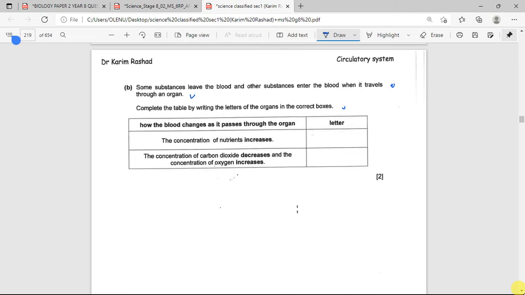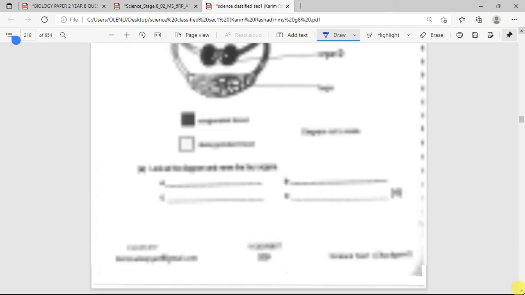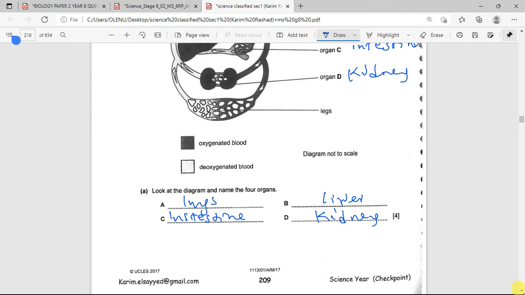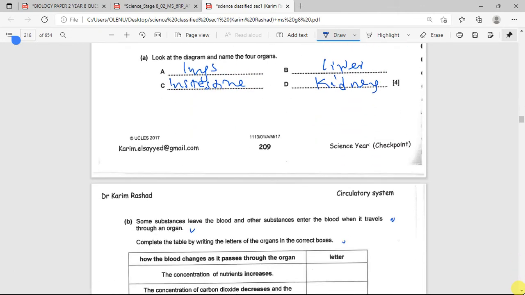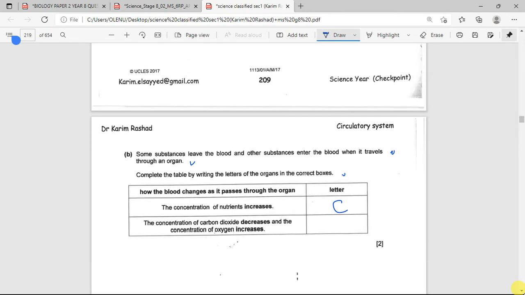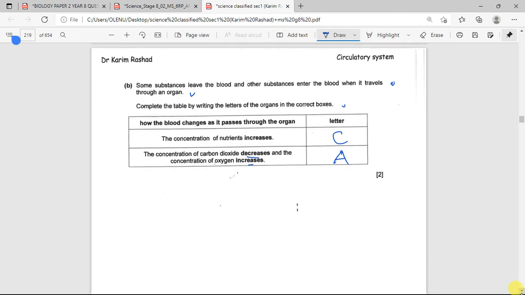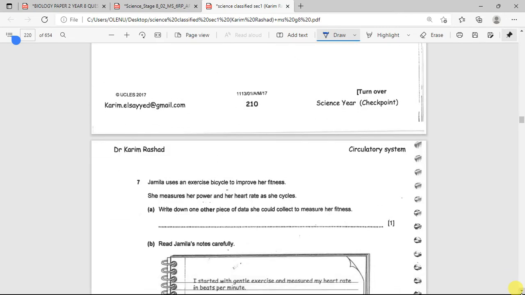That is found inside the intestine, and that is letter C, because digested food is absorbed into the intestine. The concentration of carbon dioxide decreases and the concentration of oxygen increases. That will be the lungs, A, because that is the point of gas exchange.